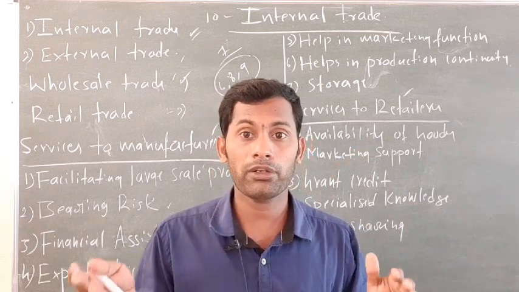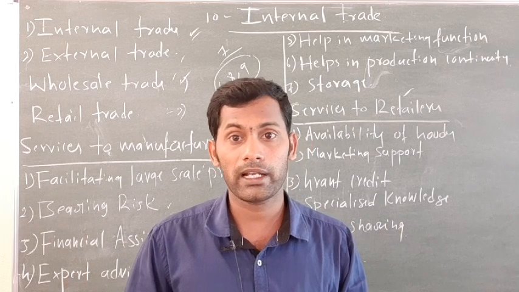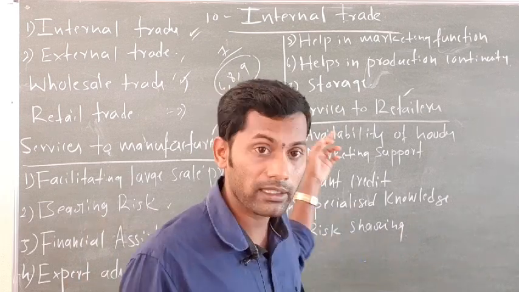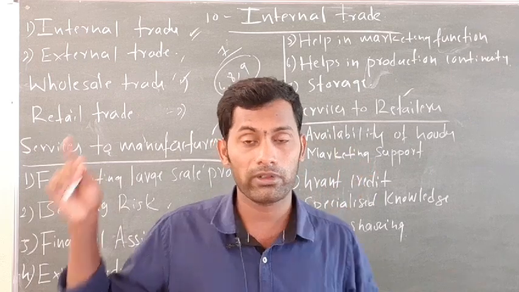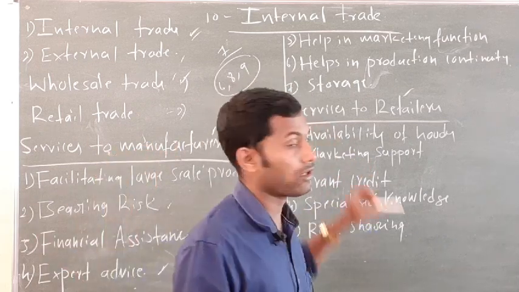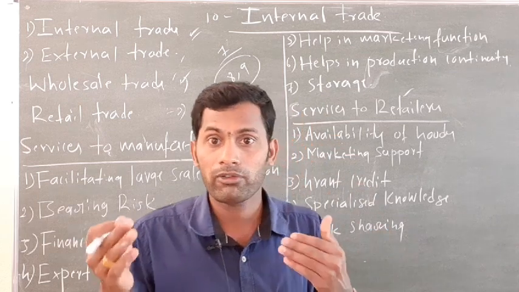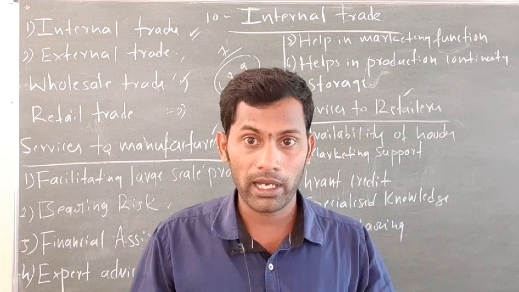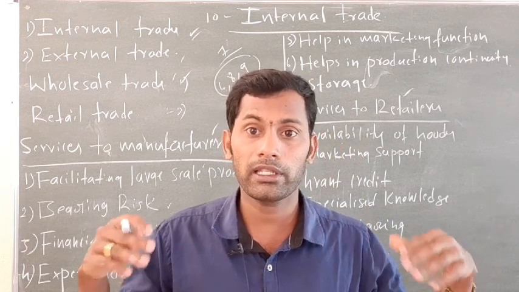Whenever a retailer wants to purchase a product, automatically the retailer gets the product from the wholesaler. That is the first one, availability of goods. For example, retailers have all the products available in their shop.